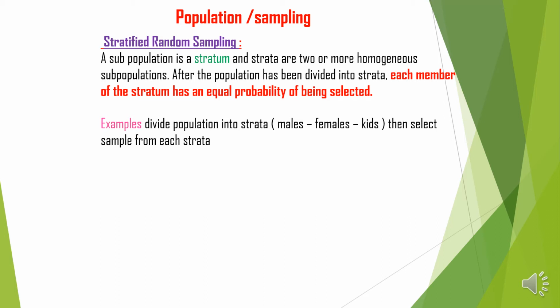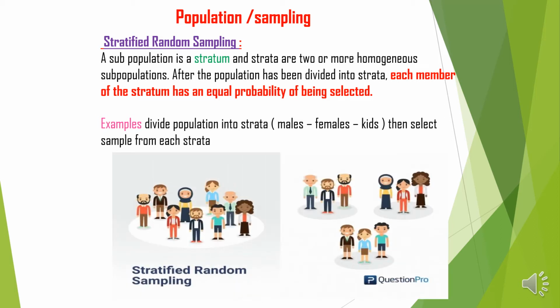It would be representative of the total population. Here is the example. As you see here, every single person of this population has the chance to be selected. So I have to divide them at the start into strata, males, females, kids. Then I will take a sample of this one, sample of this one, and sample of this one. This is called stratified random sampling.